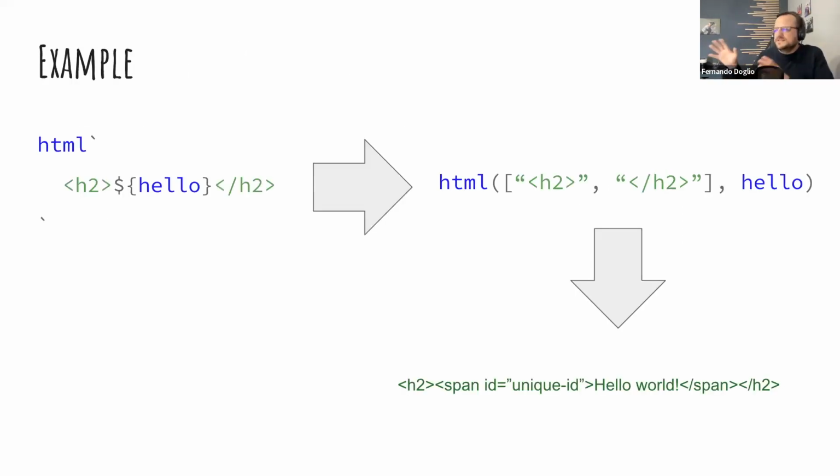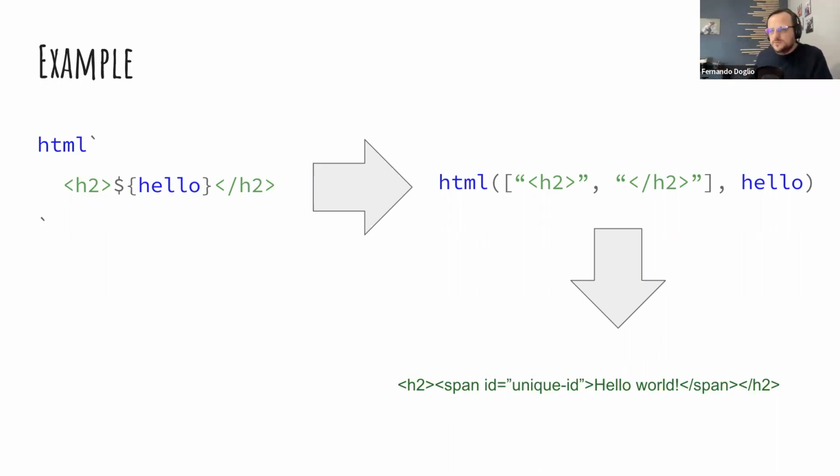So here's a simplified example of how the tag functions work. Essentially, you use them as you see on the left, without the parentheses, and with the variables interpolated inside the string. So essentially what we're doing here is creating a string that has an h2 tag, and inside it will have the value of the hello variable. The hello variable, let's say, has a hello world string.